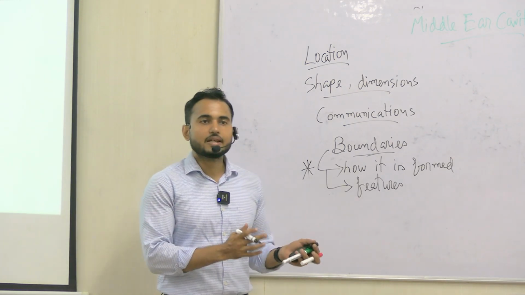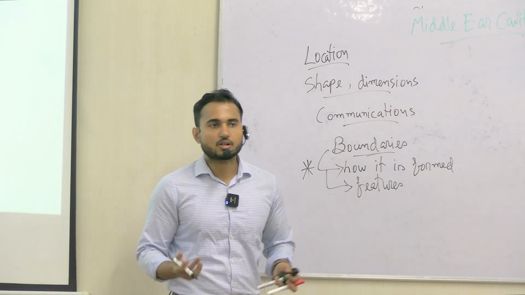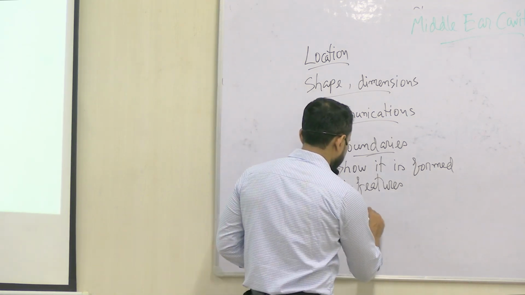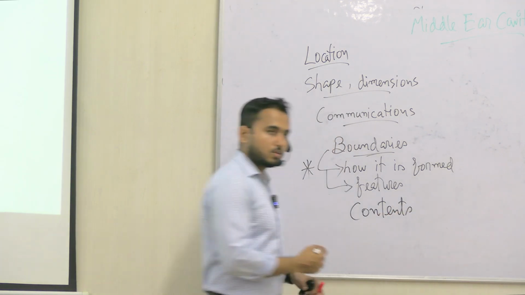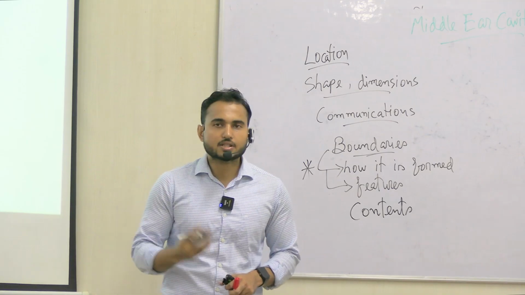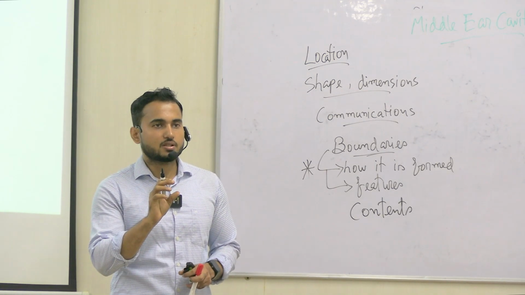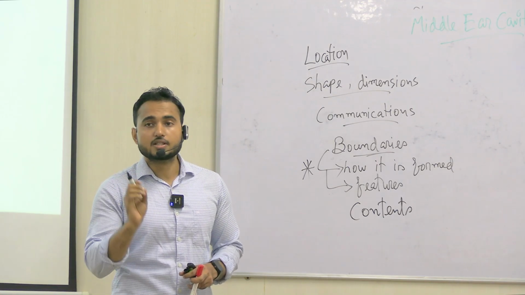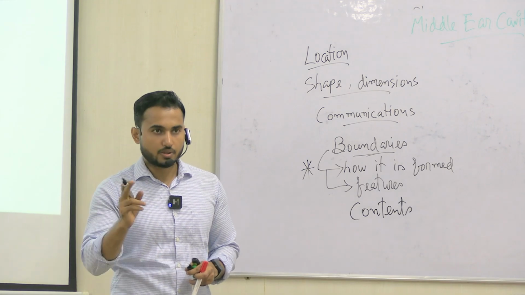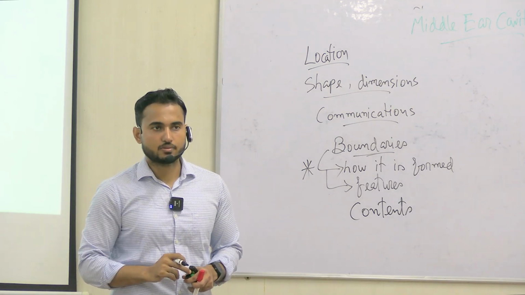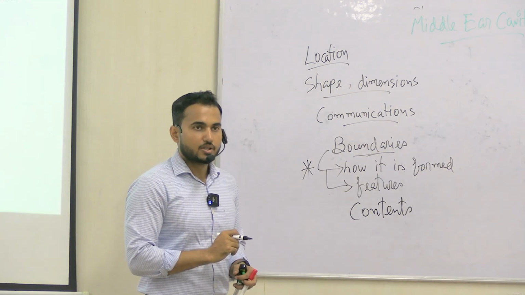Next, though it is a cavity, something will be there inside the cavity, that means contents. So we have to classify the contents. For example, bones are there. If I ask you a general GK question, which is the smallest bone of our body? That is inside the middle ear cavity.